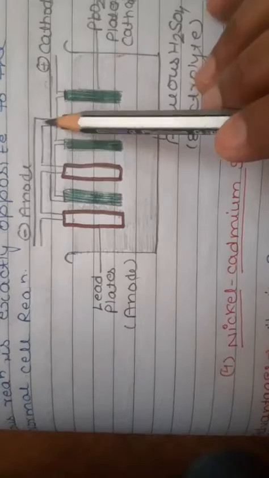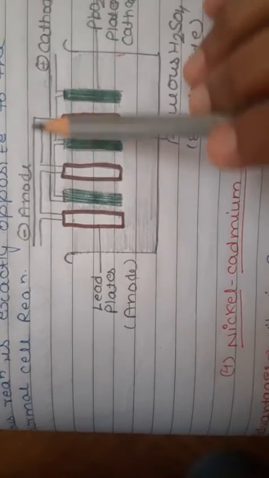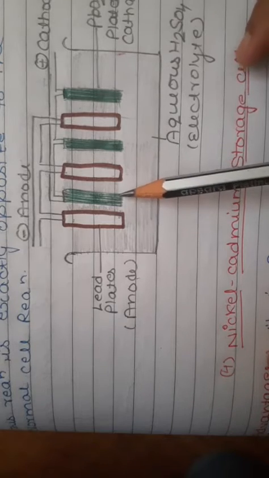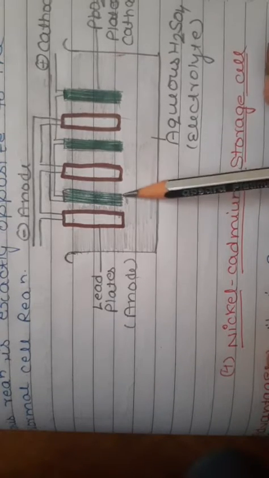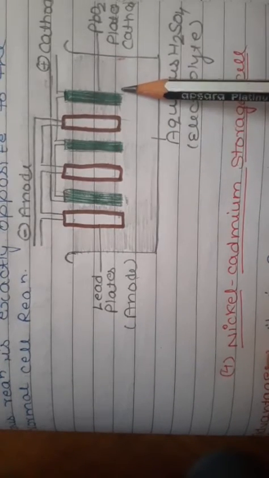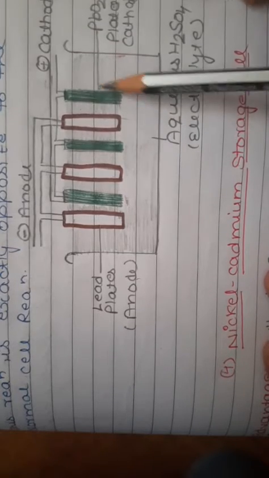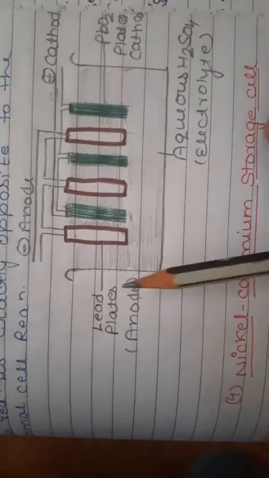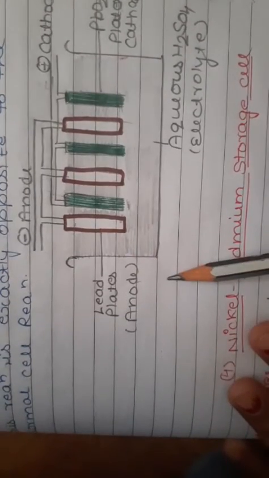These anodes are connected in series, and alternately we use the cathode. This green one is the cathode. The PbO2 plates, that is lead oxide plates, work as the cathode, and pure lead works as the anode.